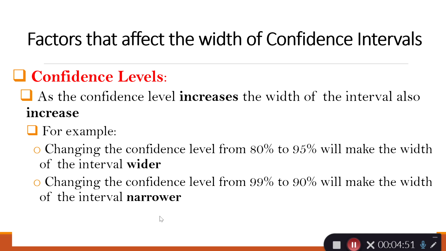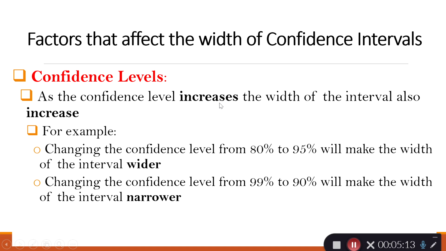Now let's talk through what affects the width of a confidence interval. So, the confidence level. Like we said earlier in the first video, I mentioned that as the confidence level increases, the width of the confidence interval should also increase, and that's what this is saying.